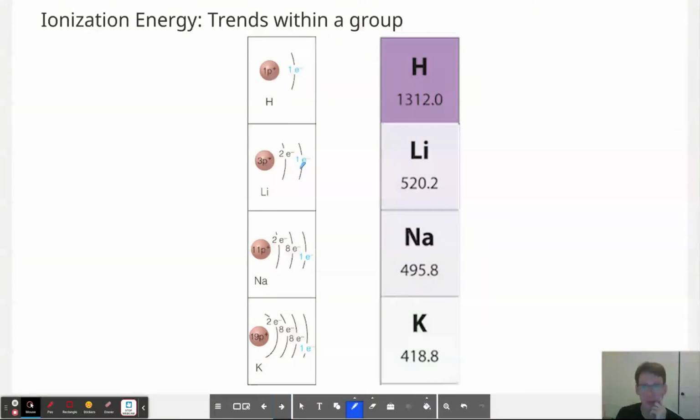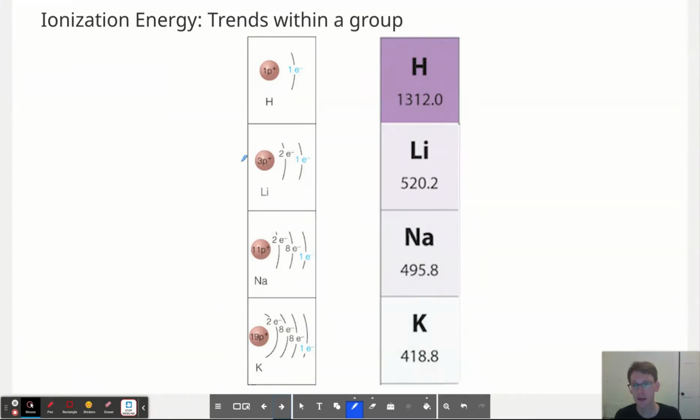Let's consider a trend within group 1 as we go down the group. We have one proton that hydrogen has and one electron in the outermost shell, which is the only shell. There's quite a bit of Coulombic attraction between them, and so it's a bit hard to take that electron and fully remove it from the attractive pull of the nucleus.